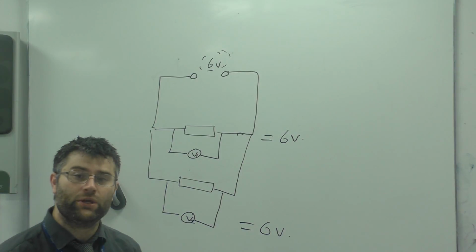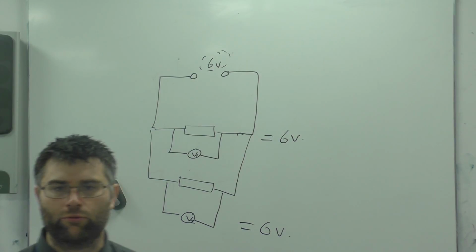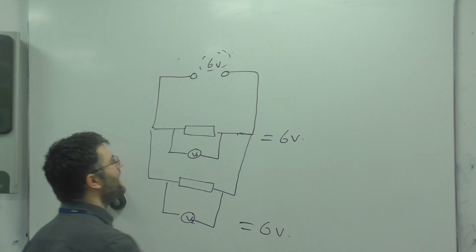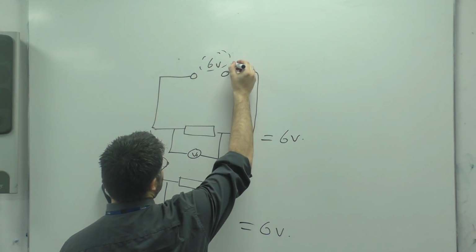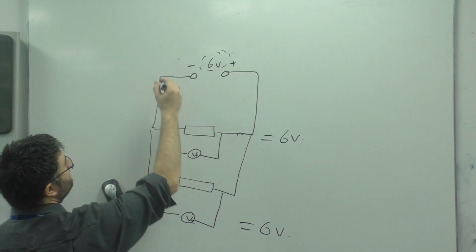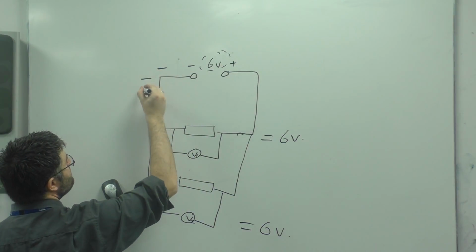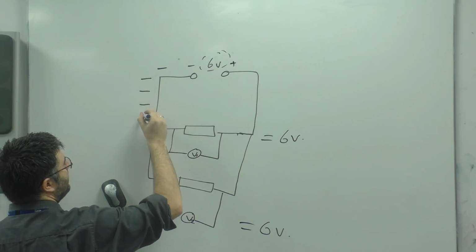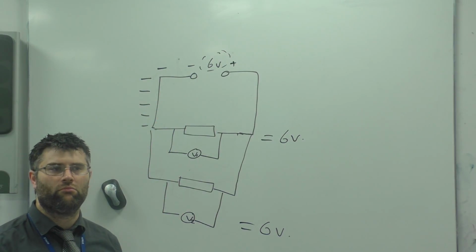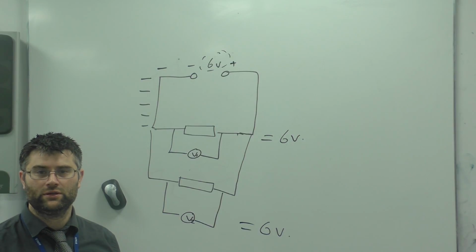Well, it is right, because when you think about what's going on inside the wire, think about an electron travelling from the negative terminal towards the positive. Here's my electron travelling round, being pushed, and he comes to that junction and he goes, which way do I go?